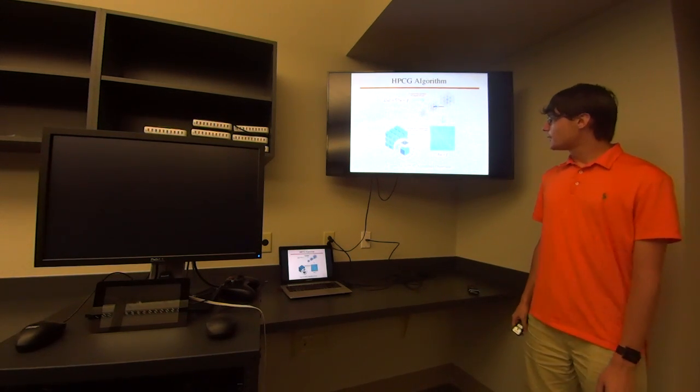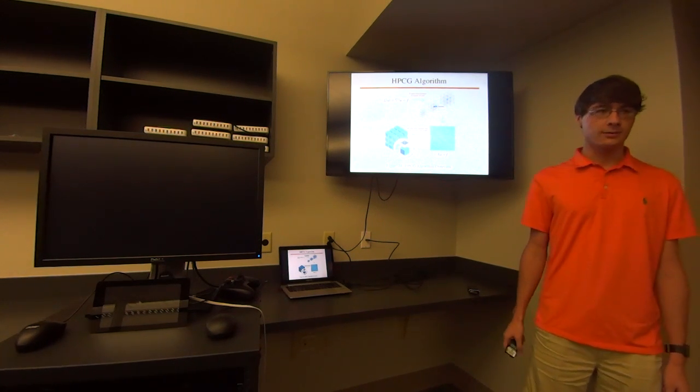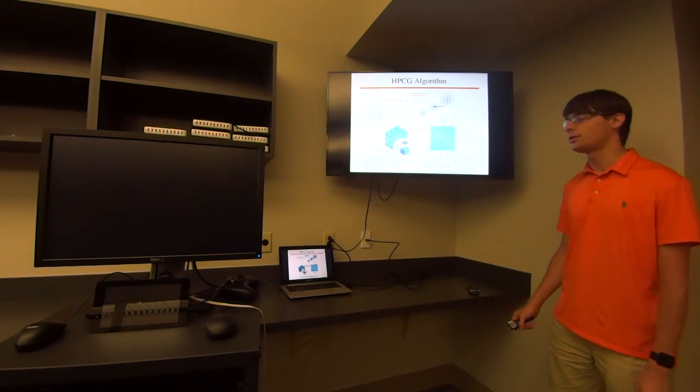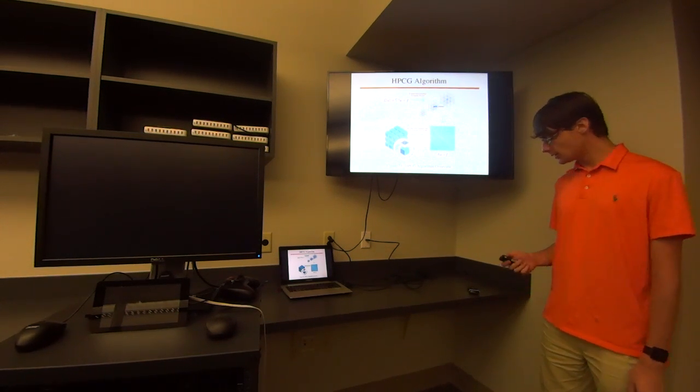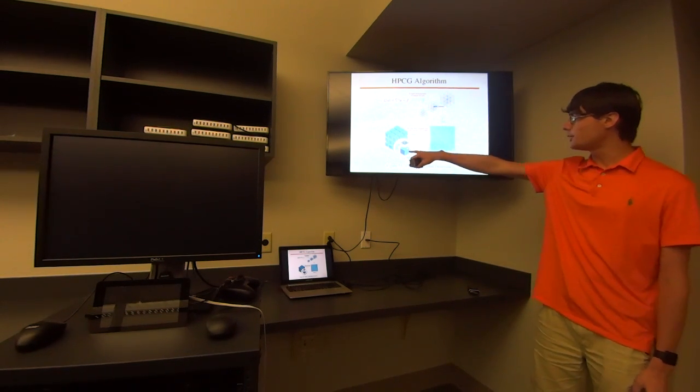I won't go into a lot of detail about the actual algorithm. It's mostly over my head, and it would take a long time to explain. But here's the diagram that they show in their handout. One interesting thing to note is they map the data a little bit differently.